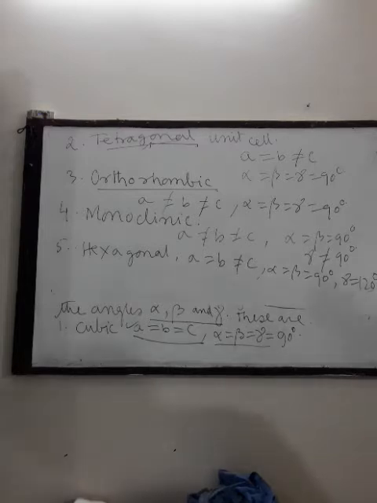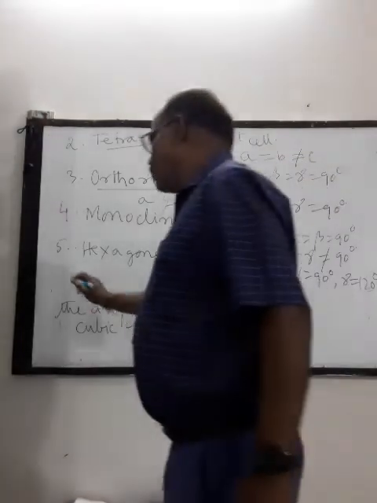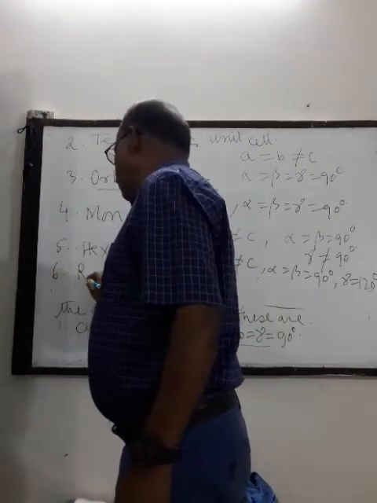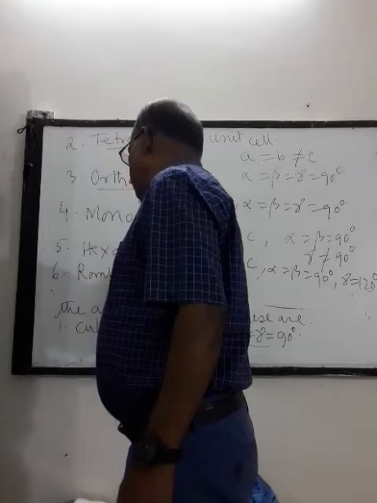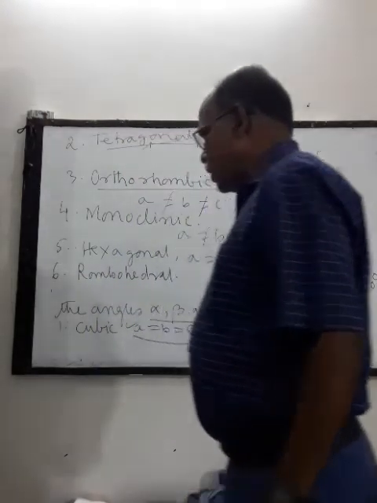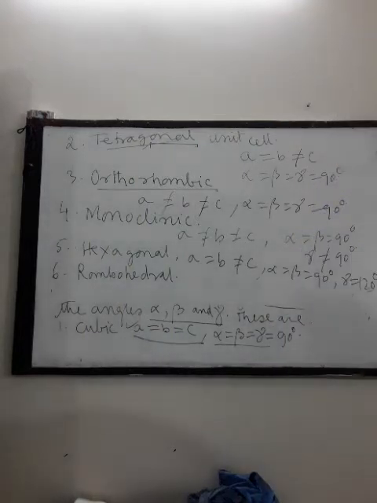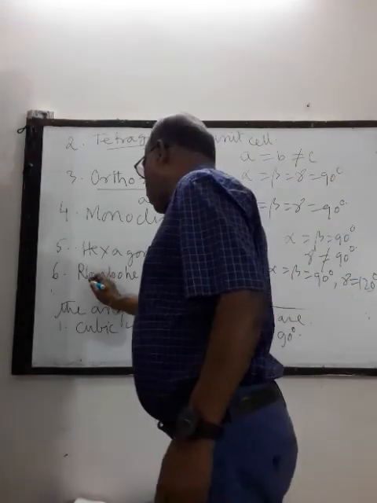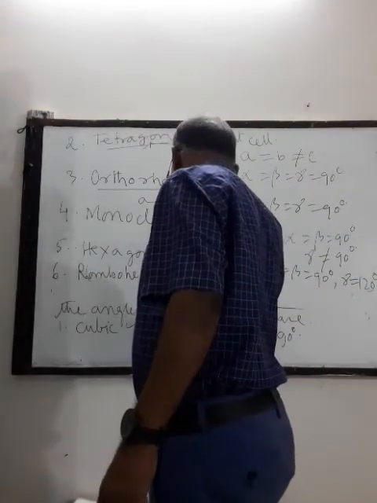Next one is called rhombohedral. Number 6 is called rhombohedral, where all sides are the same.